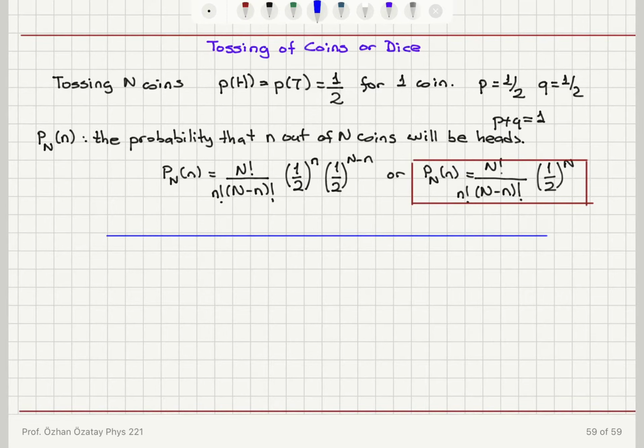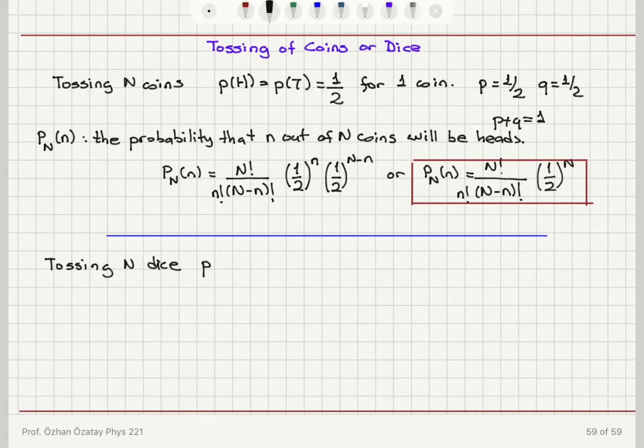Now I'm looking at dice. Now tossing n dice. All right. For tossing a die, the possible outcomes are 1, 2, 3, 4, 5, 6, as we mentioned previously.